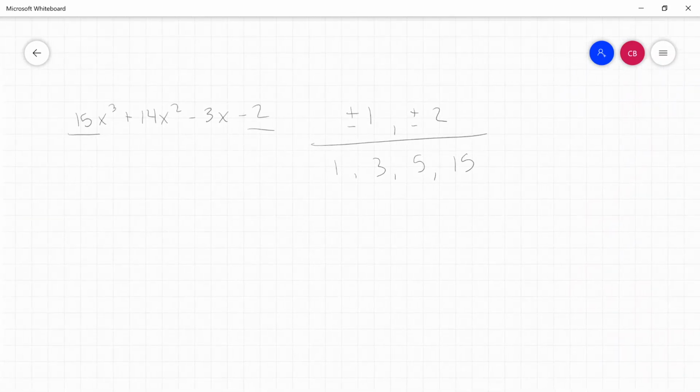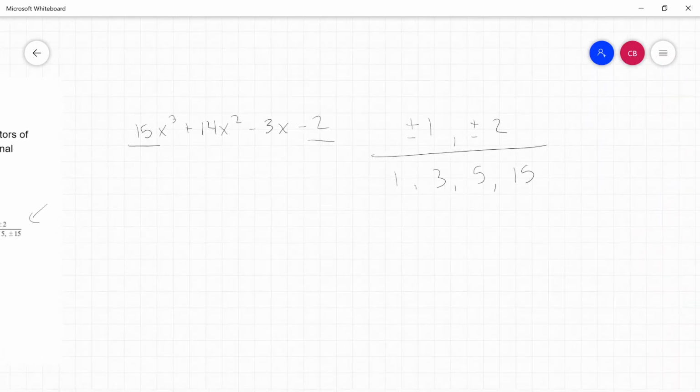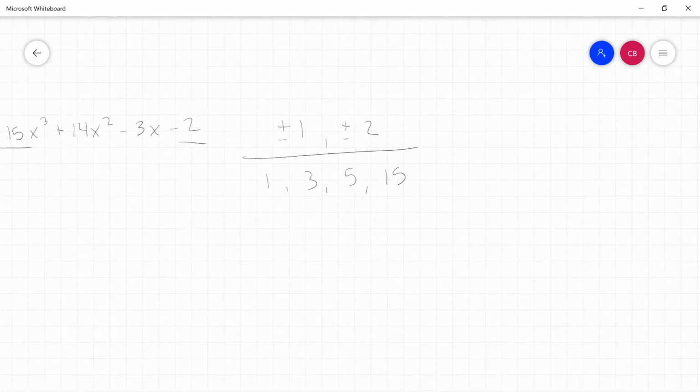Now let's look at our values. The first thing we could do is we have plus or minus 1, because 1 over 1 is plus or minus 1. 2 is plus or minus 2, that's a solution because that's over 1. Now the next one, we're going to do this one and this one.